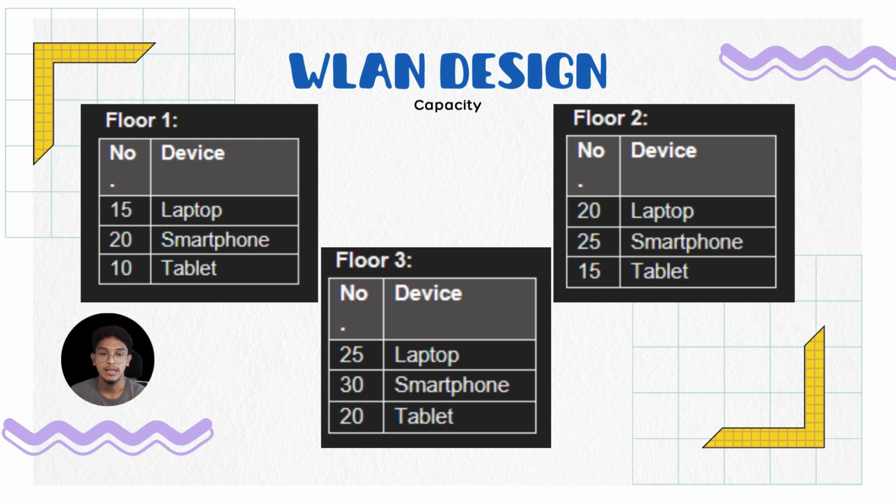That is 20 laptops, 25 smartphones, and then 15 tablets. And then for the third floor, we have 75 devices in total. That is 25 laptops, 30 smartphones, and then 20 tablets.